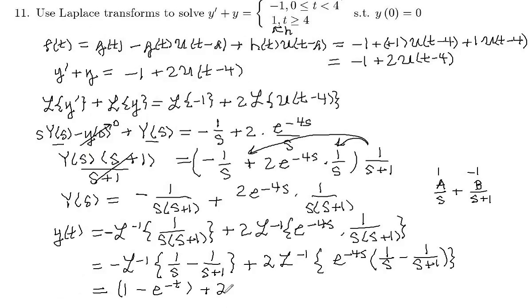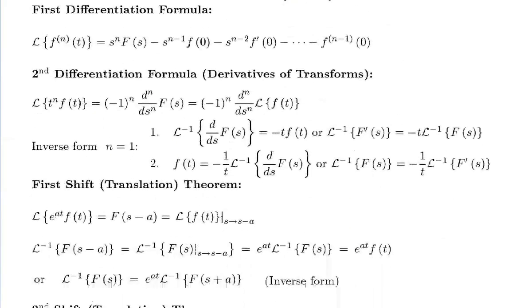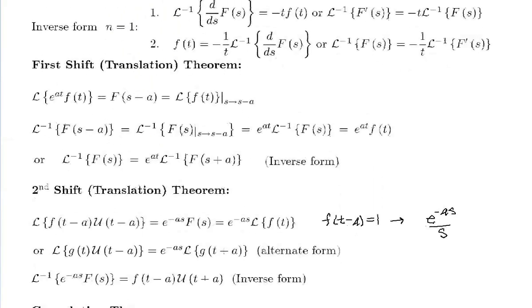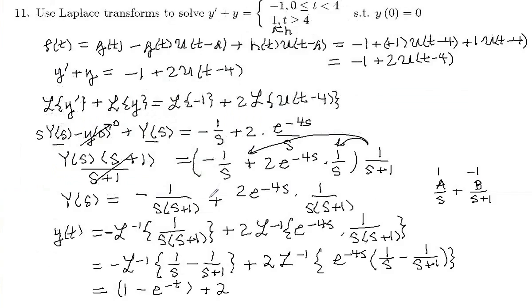So that's that first part. Plus 2, and then an exponential and s on the inside of an inverse transform. That is right here. So L inverse of a negative exponential inside cap F of s is a shift times unit step function. So it's f of t minus a, u of t minus a, where a is the exponent on the exponential.